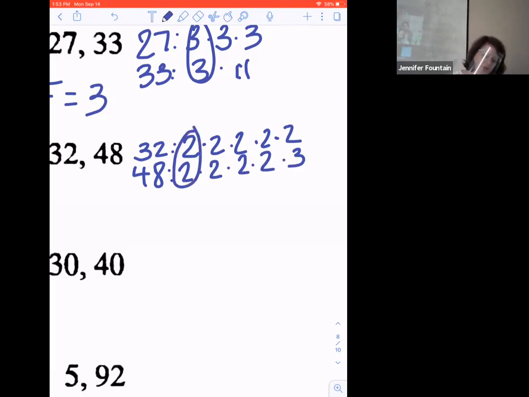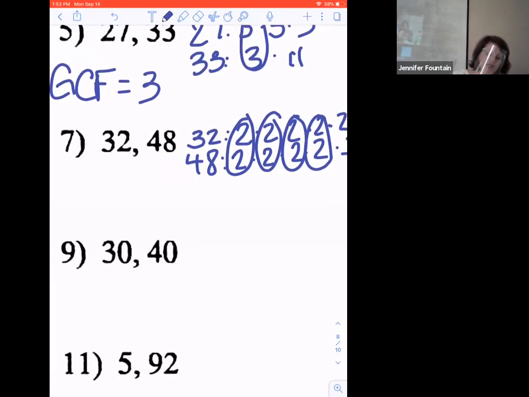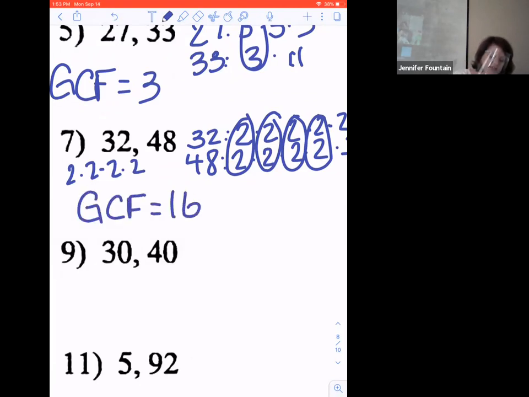I have a pair of 2's, another pair of 2's, another pair, and another pair. Then I've got a 2 and a 3, so those are not in common. So I take 2 times 2 times 2 times 2: 2 times 2 is 4, 4 times 2 is 8, 8 times 2 is 16. So the greatest common factor is 16.